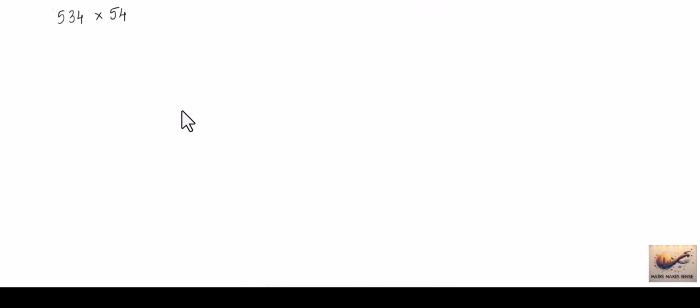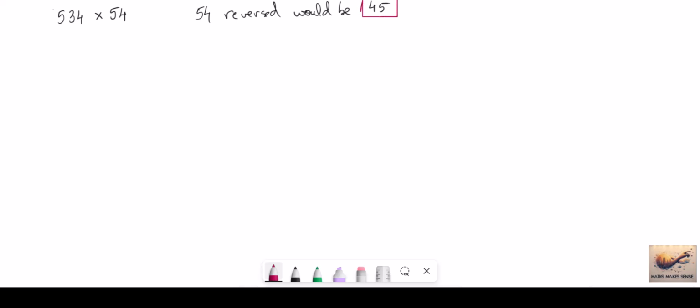Okay, let's have a look at another example, this time a bit more complicated. Let's reverse 54. So 54, if I reverse the digits, would be 45. Now, this is my slide that I'm going to work with, and I'm going to glide it from left to right.